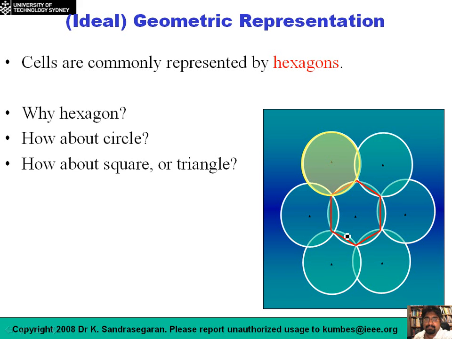But the hexagon is the one that is mostly used. First of all, a hexagon is the one that comes closest to a circle. Remember, in a cellular network we have base stations at the center of a cell, and a circle best describes the points at which you have equal received power, and the hexagon is the one that comes closest to that.